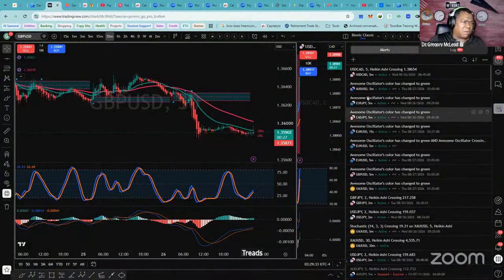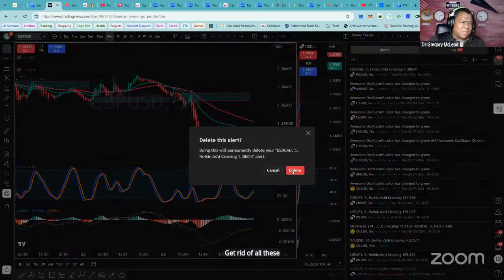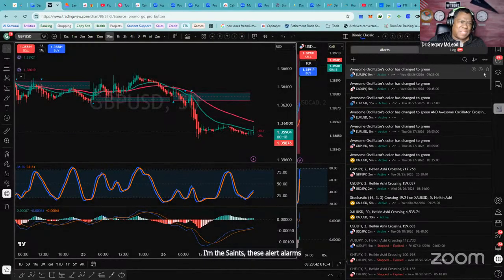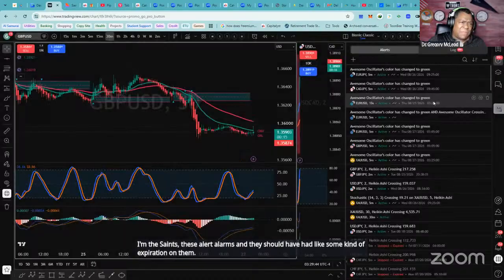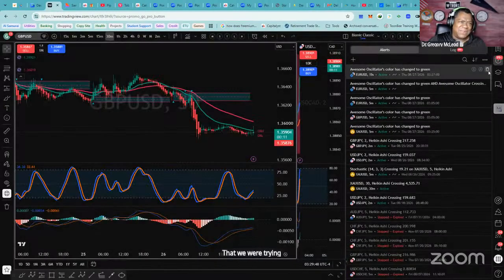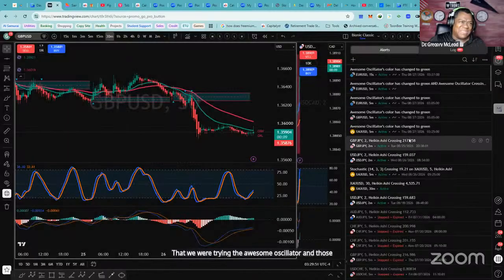Let me get rid of all these. I've been saying these alarms should have some type of expiration on them, because we were trying the awesome oscillator, and those have been going off.